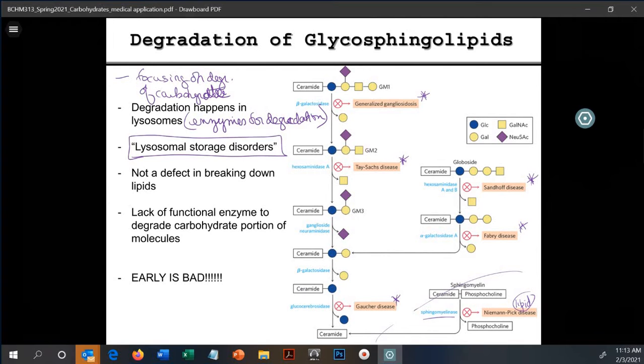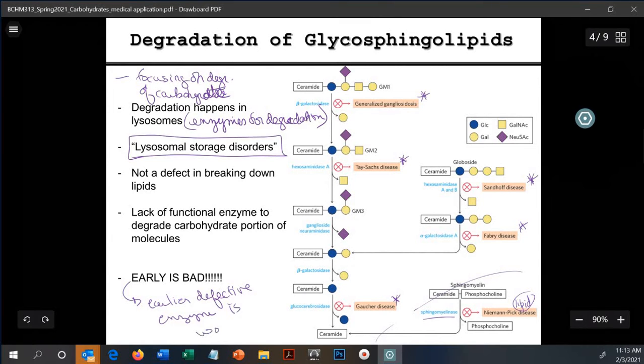As far as pathogenesis is concerned, and disease progression, symptomology, if you have a defect in an enzyme that's early in the pathway, the disease progression is worse. And so an earlier defective enzyme is worse.